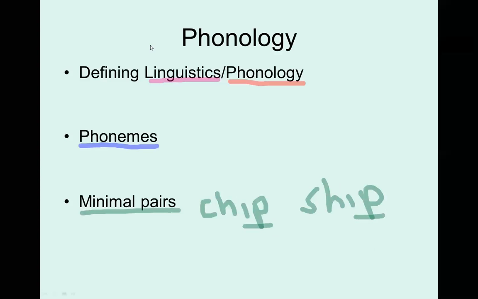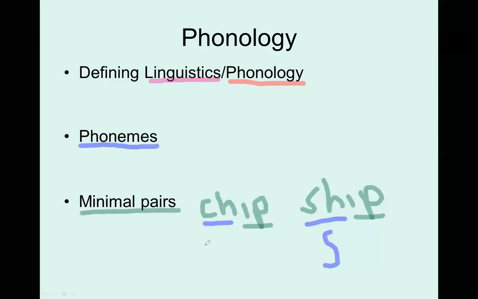All right, and I think I was using this blue before. So these are our phonemes. We have a ch in chip, and we have a sh in ship. That's the only thing that makes those two words different. Otherwise, they're the same. They both have this ip part. It's just in ship, we have sh, or what we write as this symbol.